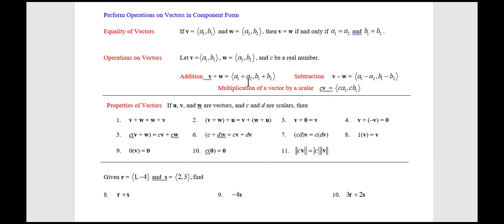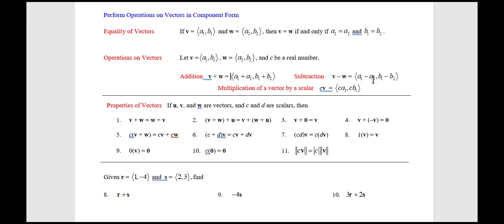You can show pretty easily how this follows from pictures: if you follow the displacement of one vector followed by the displacement of the other, overall you win a1 plus a2 units in the x and b1 plus b2 units in the y. So the sum of these two vectors has the component-wise sum of the original vectors.